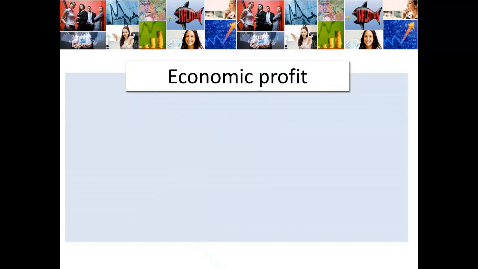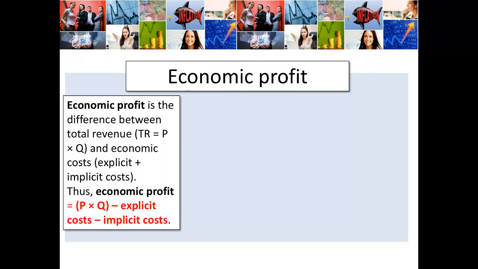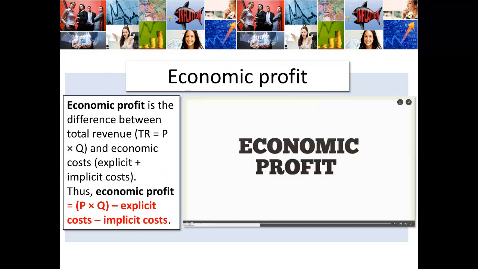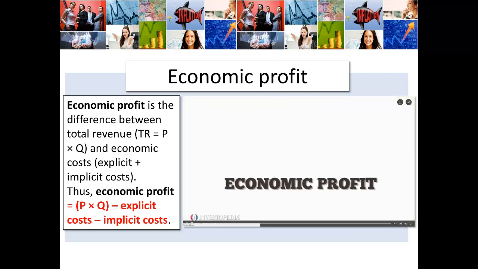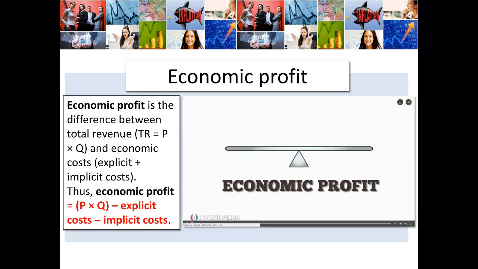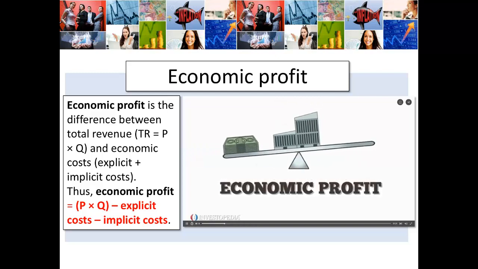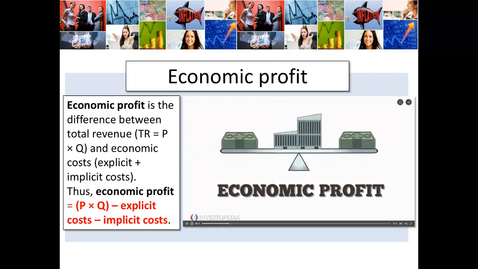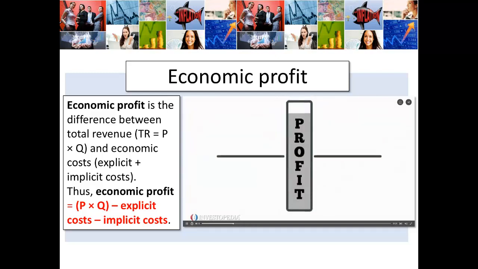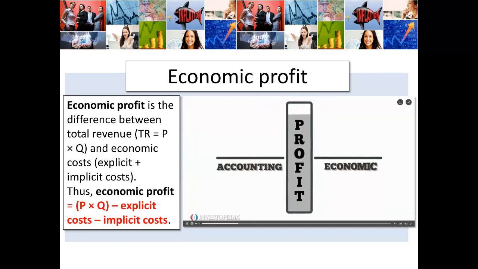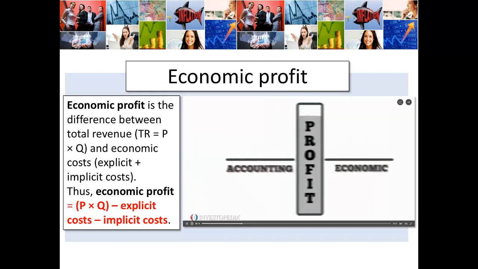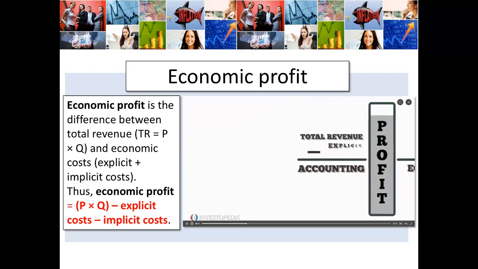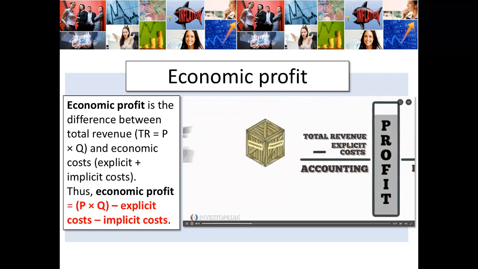And that leads us quickly and briefly into economic profit. Economic profit is the difference between the revenue a firm earns from sales and the firm's total opportunity costs. It's important to distinguish between accounting profit and economic profit. Accounting profit is total revenue minus the explicit costs of producing goods or services.